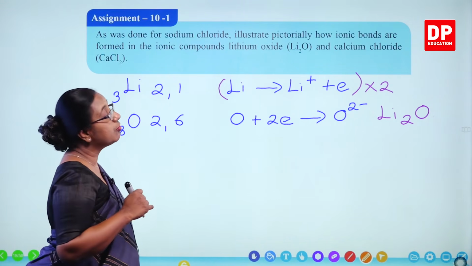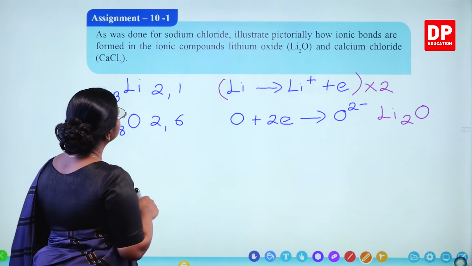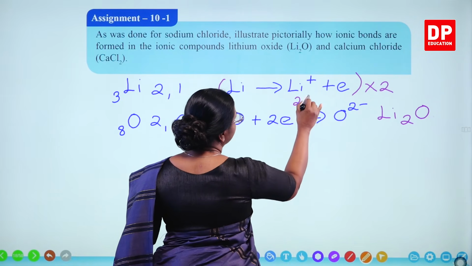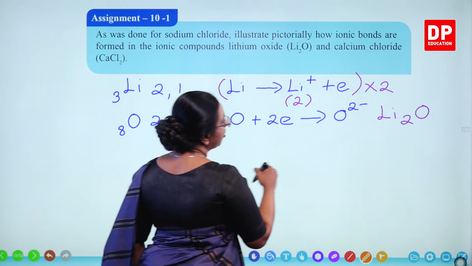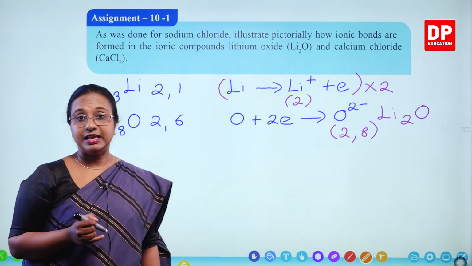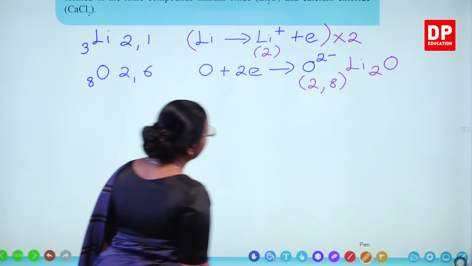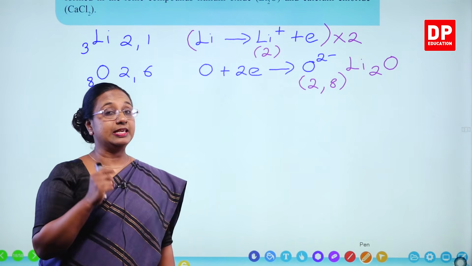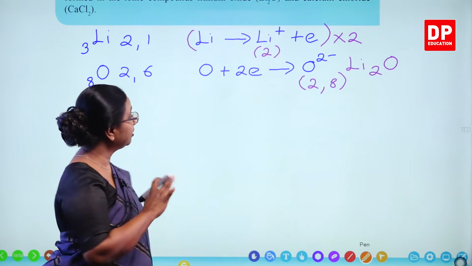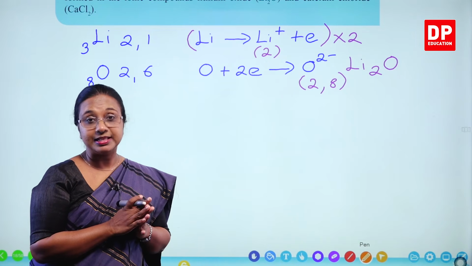Now if we go to represent them in a pictorial manner, here you can see once lithium loses 1 electron, it has the electronic configuration 2, whereas oxygen, after gaining 2 electrons, becomes 2, 8. So if we draw the ions, since there are 2 lithium ions that are going to combine with 1 oxide ion, it will be correct to draw the oxide ion in the middle and the lithium ions on either side.